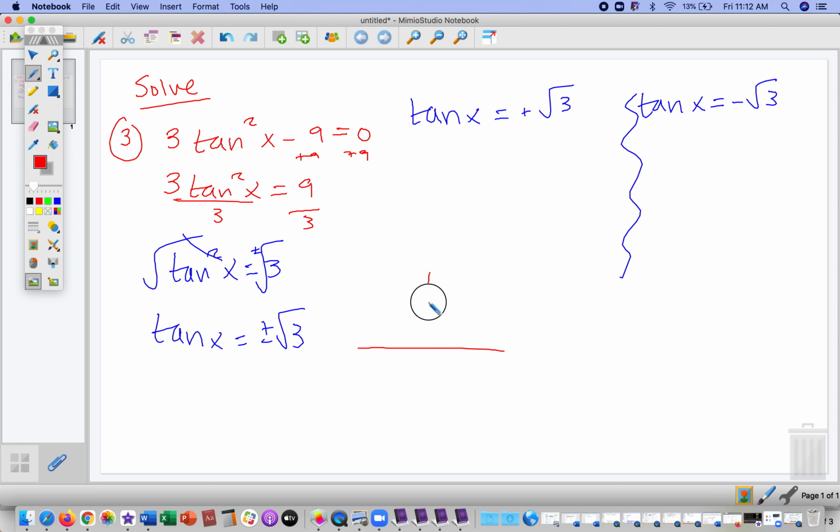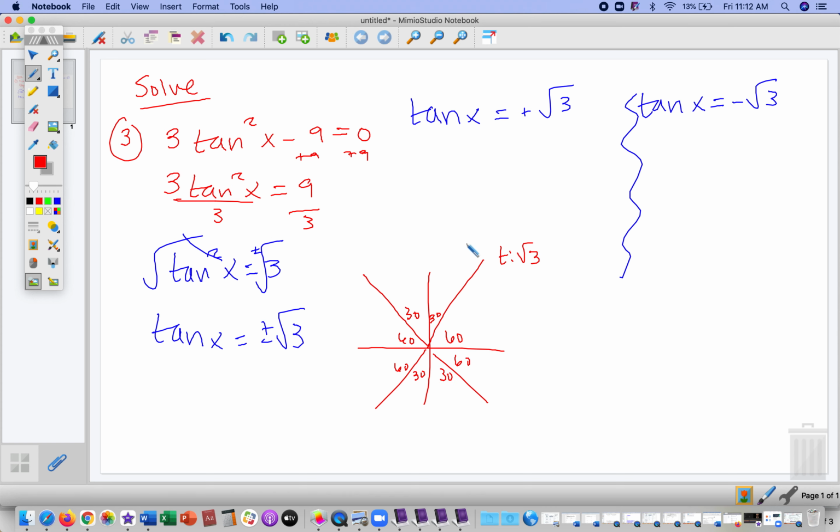Well, when you look at your unit circle, you know you have a tan value of positive root 3 up here at 60 degrees, right? Tan right here is root 3. So we know this little sliver is 30. I'm going to reflect 30, 60, reflect 60, 30, reflect 30, 60.